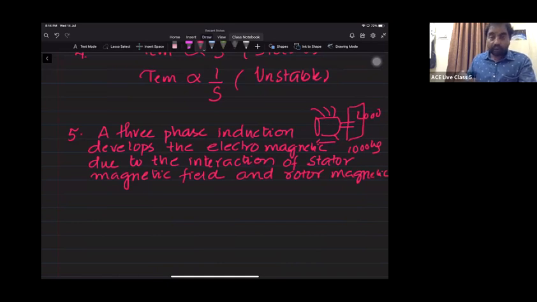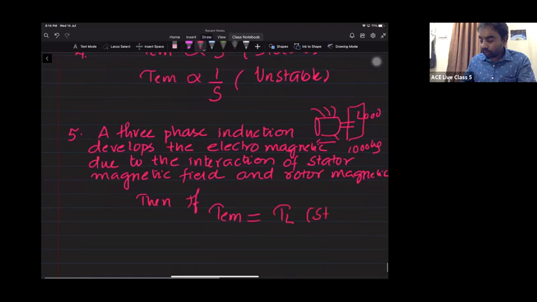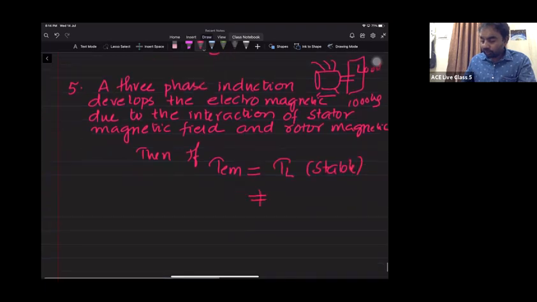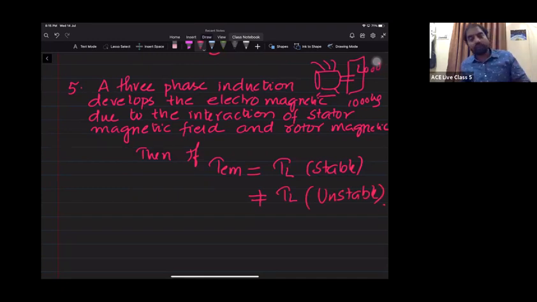Right, it is true. Then if the electromagnetic torque is equal to the load torque, I can say it is stable. If the electromagnetic torque is not equal to the load torque, it is unstable. I hope this point is clear. Confirm to me, all of you.